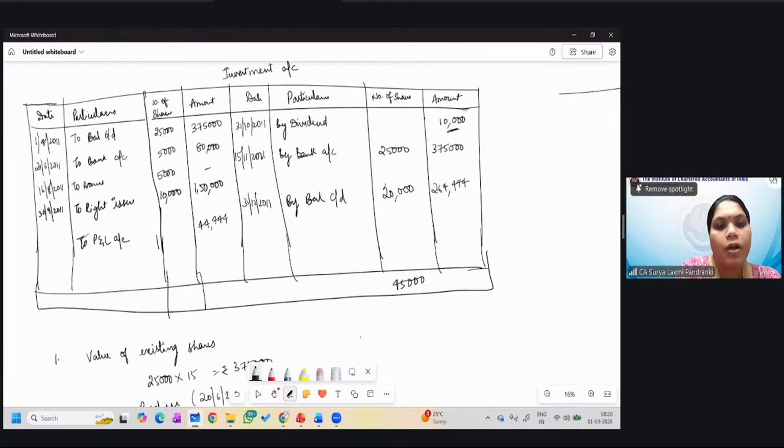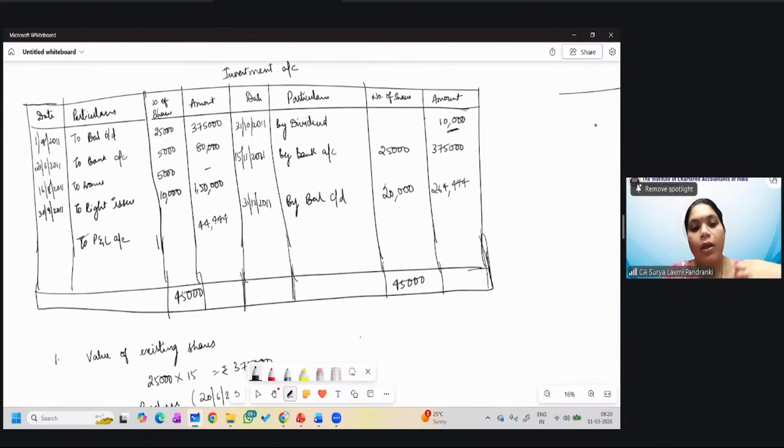Total this number of shares column: 25,000 plus 5,000, 30, 35, 45, no? Out of 45, we sold 25, so we had 20,000 shares remaining. So we have 20,000 shares, right? Yes, that's why we have calculated the value of 20,000 shares in the end. You're right.